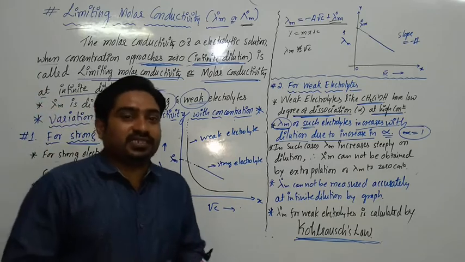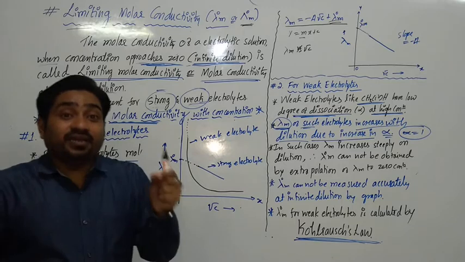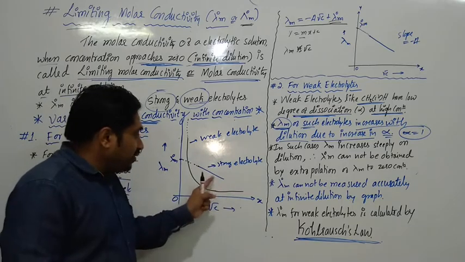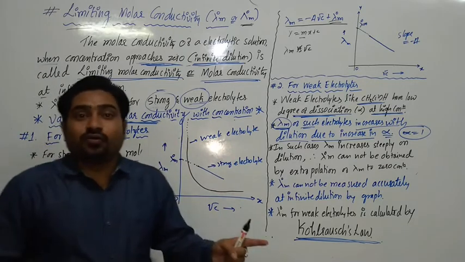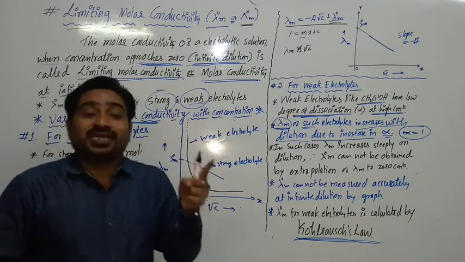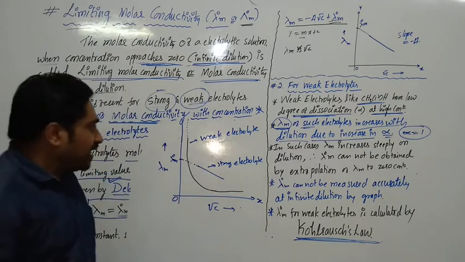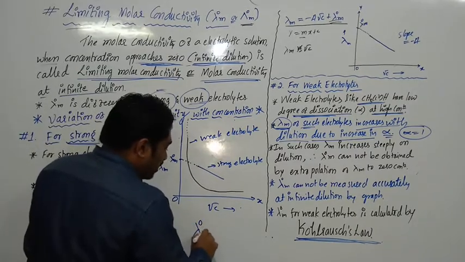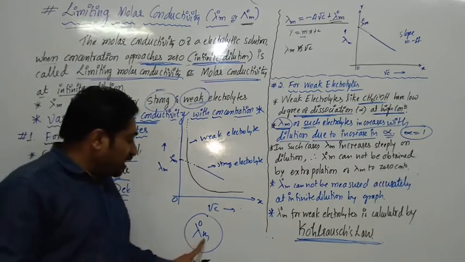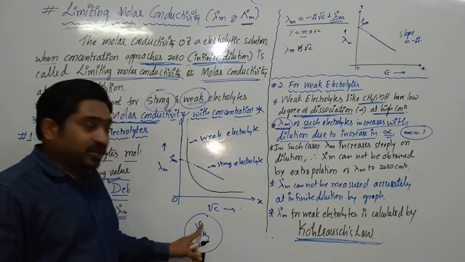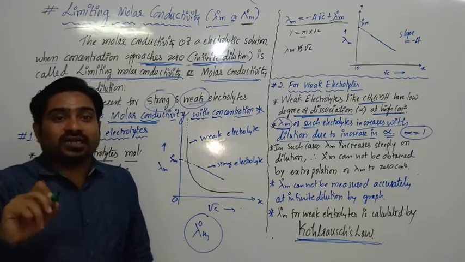So because of that reason, for weak electrolytes, the molar conductance at infinite dilution cannot be calculated by graph, but it can be calculated by one more law, that is called Kohlrausch's law. So by using Kohlrausch's law, we can calculate lambda naught m value for weak electrolytes.